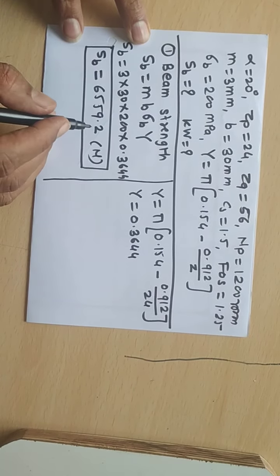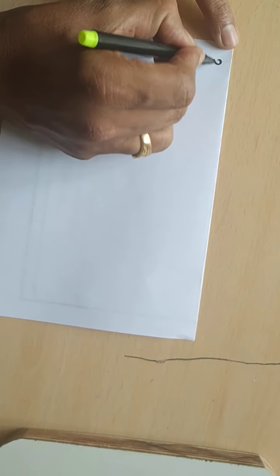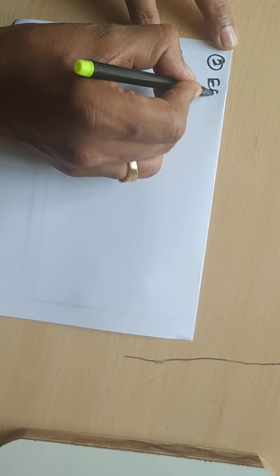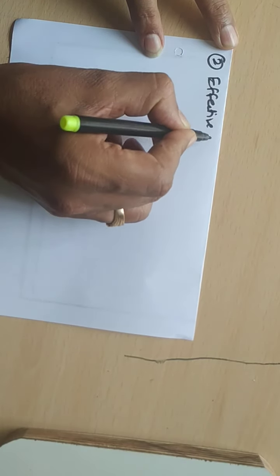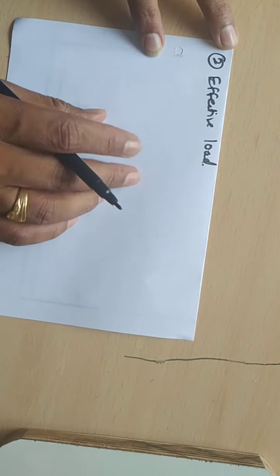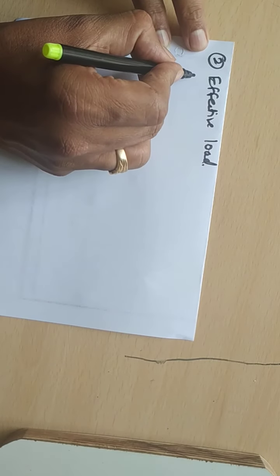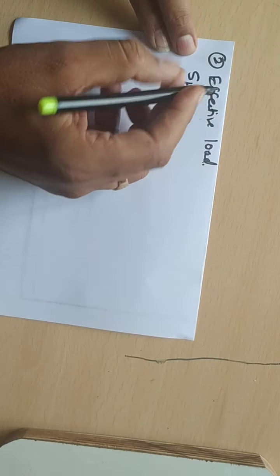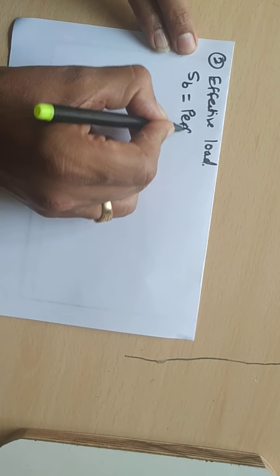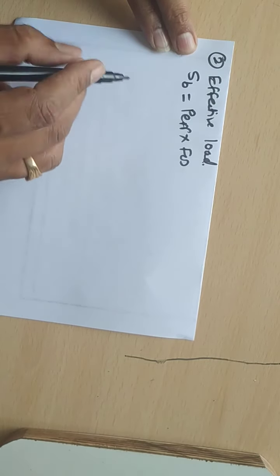Now second step, you have to find out the value of effective load. Now to find out the effective load, here SB is known, therefore SB is equal to P effective into factor of safety, that is to avoid the failure.